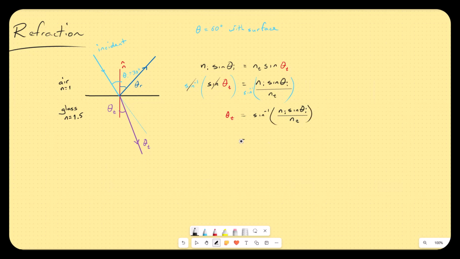So I'm going to get an inverse sine of 1 times the sine of 30 degrees all over 1.5. I'm going to be careful and make sure that my calculator is in degree mode. And I'm going to get 19.5 degrees for my refracted angle.